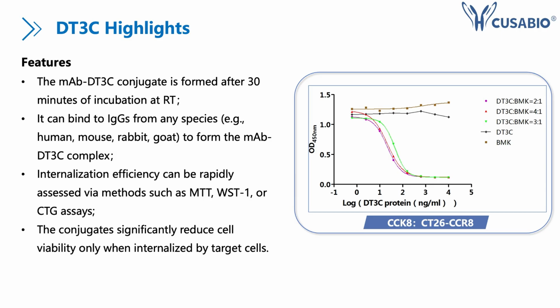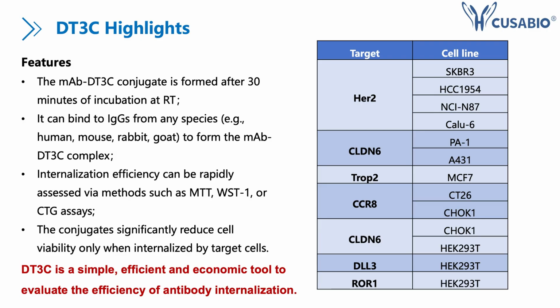And also, we have already done different bioactive assays for different cell lines. As I showed here, from the SKBR3 to the MCF7, all these cell lines are endogenous cancer cell lines.